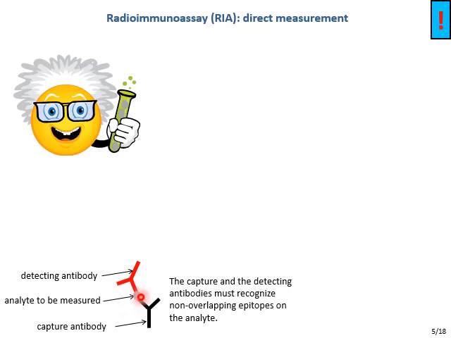So in order to detect human growth hormone in human serum samples by direct radioimmunoassay, we need at least two different kinds of antibodies against the same analyte. In my example, two different kinds of antibodies against growth hormone.